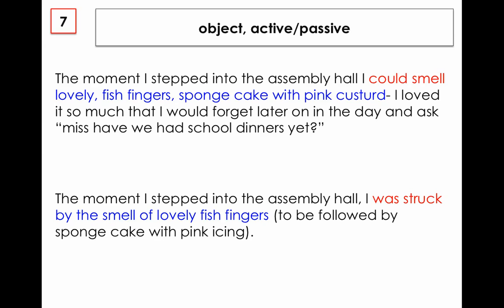Notice I could change this round and say, the smell of lovely fish fingers struck me. What did the striking? The smell of lovely fish fingers. A hammer struck me, or somebody struck me with a hammer. The smell struck me. But I've got it in the passive here, was struck by something, by the smell of lovely fish fingers.